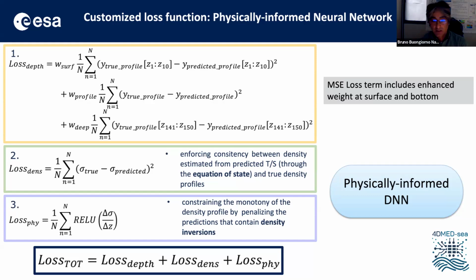And the interesting thing is that through what is called a physics-informed approach, we could also enforce the consistency between the density that is predicted directly by the network and the density that is obtained from the predicted temperature and salinity profiles, which is not a given if you use different kinds of models.